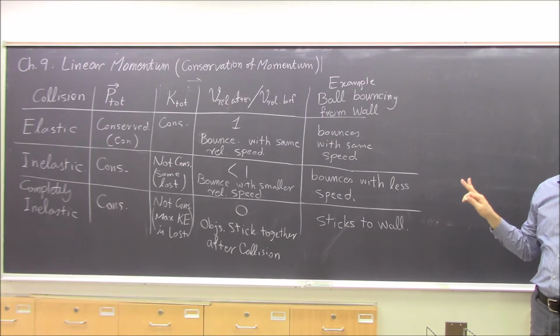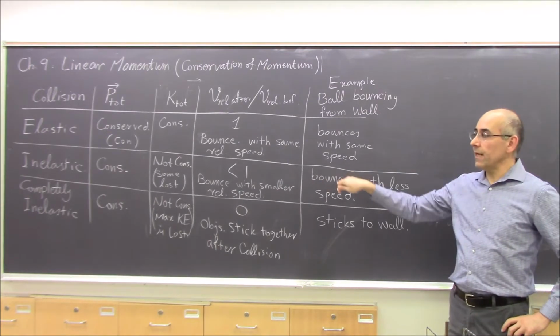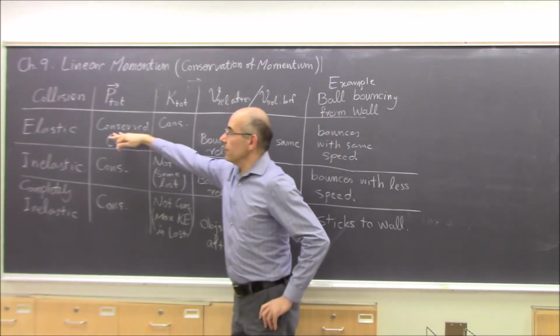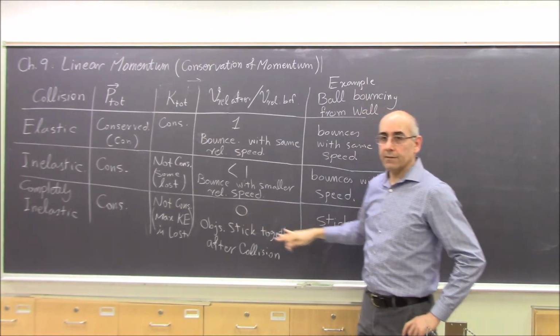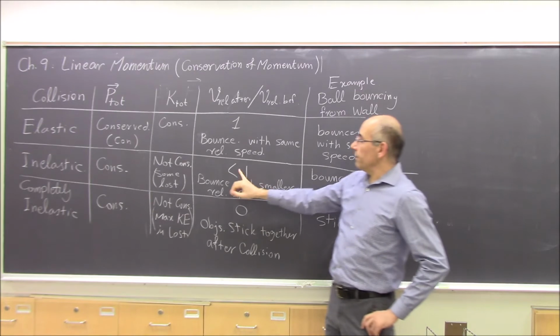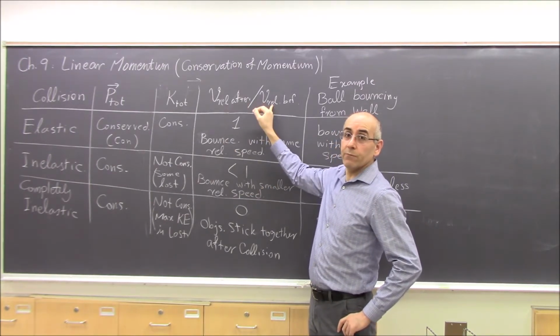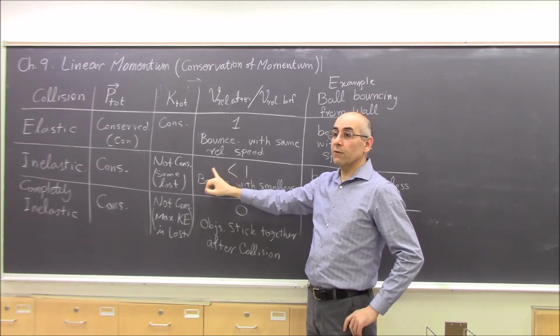Okay, so this is classification of collisions. Any questions? Is that understandable? We have elastic, inelastic, completely inelastic. Usually, we talk about elastic collision or completely inelastic collision. The ratio of the relative velocity after divided by before is less than 1, somewhere between 0 and 1.